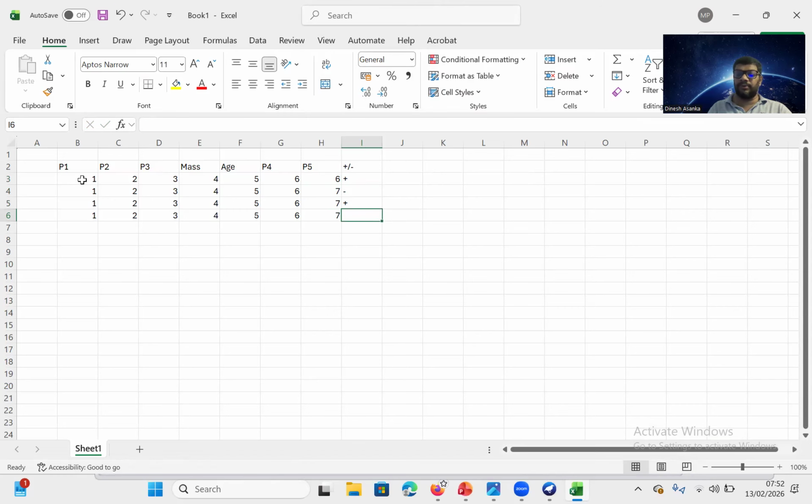So these are labeled data. These are the actual values.